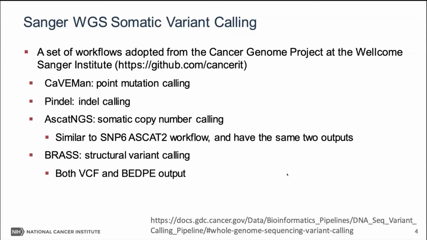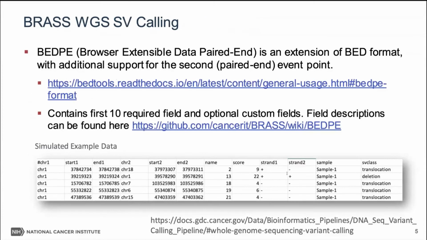So what is the BEDPE format? I assume most people are very familiar with the BED format, which describes a genomic location in terms of the chromosome, start, end, and strand. BEDPE is a natural extension of the BED format.